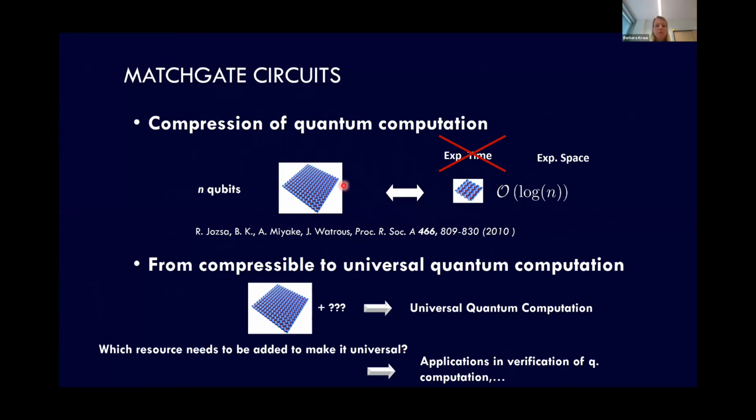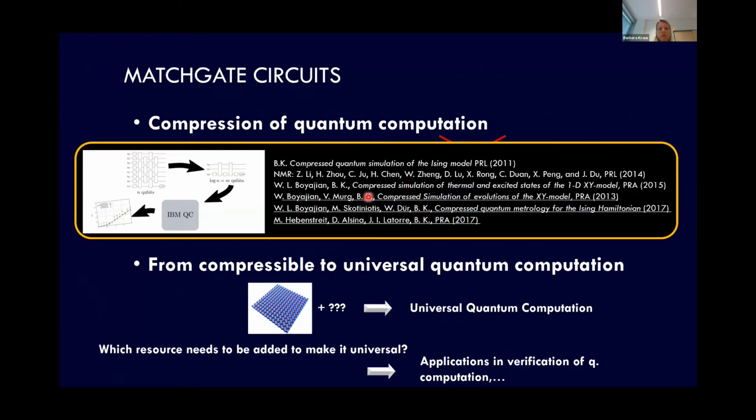This is a very old result together with Richard Jozsa, Masami Ohya, and John Watrous. And what we did relatively recently is to use that to simulate, for instance, a compressed quantum simulation of an Ising model. You can then observe, in a compressed way, quantum phase transitions and so on, which means that you really use a very small quantum computer to observe the quantum phase transition of a very large system.